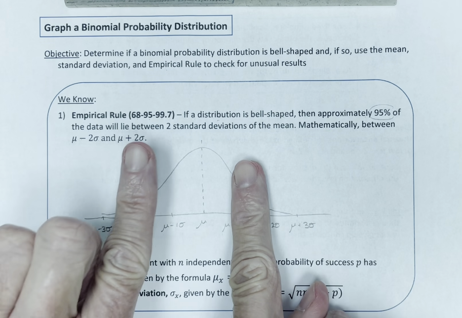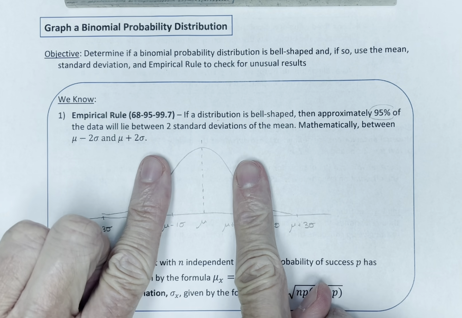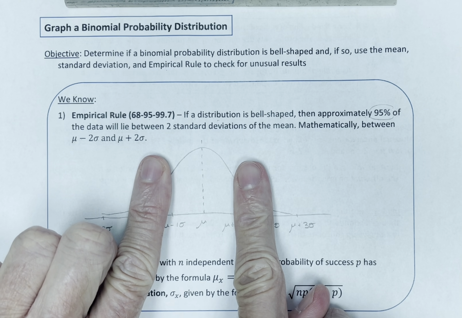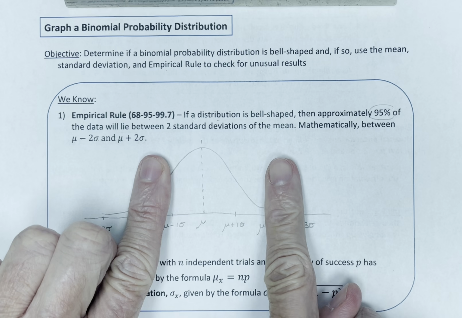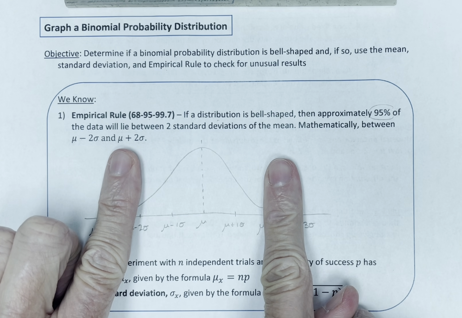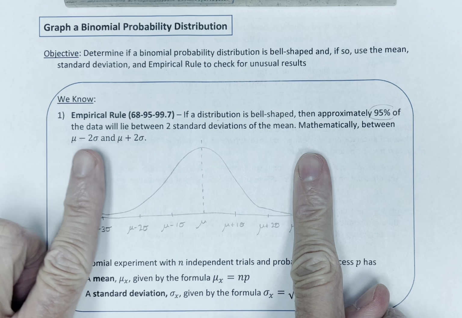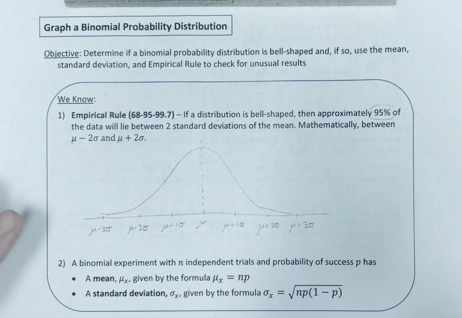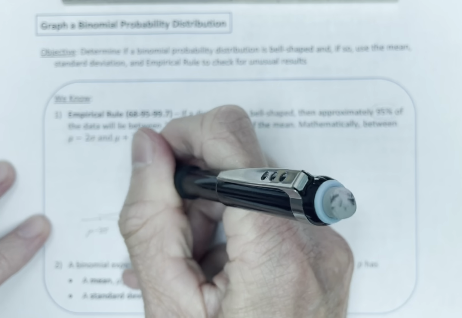We remember that approximately 68% of the data will lie between -1 and +1 standard deviation, 95% between -2 and +2 standard deviations, and 99.7% of the data will lie between -3 and +3 standard deviations.